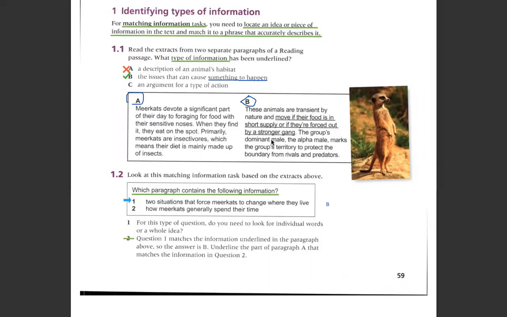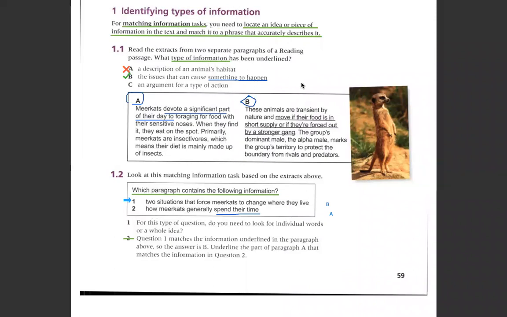So is it A or is it B? Remember, I'd like everyone to answer, so please open up your chat box, type an answer, A or B. Okay, so the answer for this one is definitely A. If we just skim from the beginning, it says here they devote a significant part of their day to foraging food. So straight away we know it's talking about what they spend their day doing.